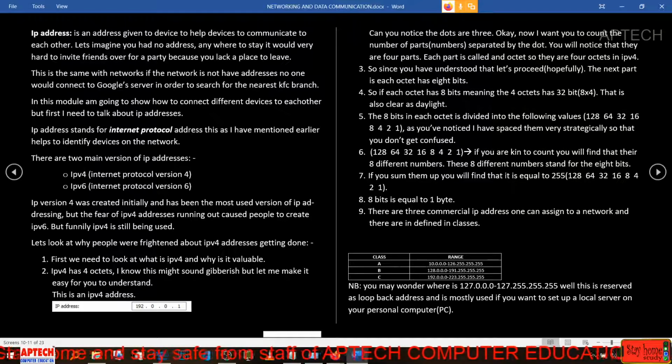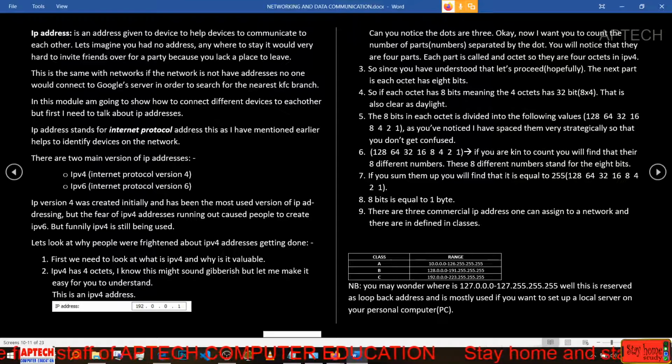So for civilians, there are basically 3 classes: Class A, B, and C. Class A starts from 10 to 126. Class B starts from 128 to 191. Class C starts from 192 to 223. That is one thing you have to cram for your exams.